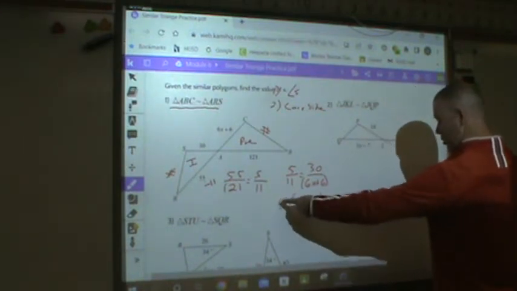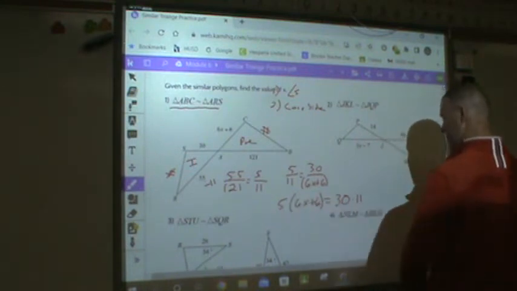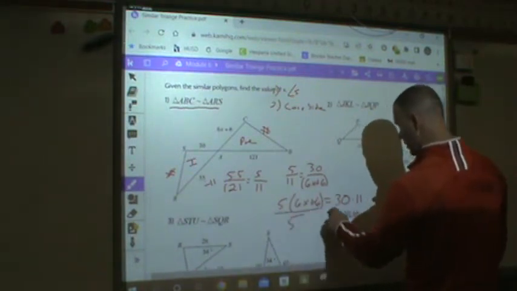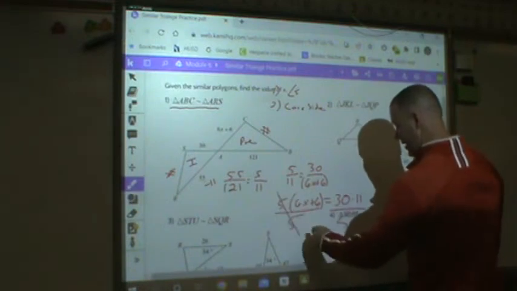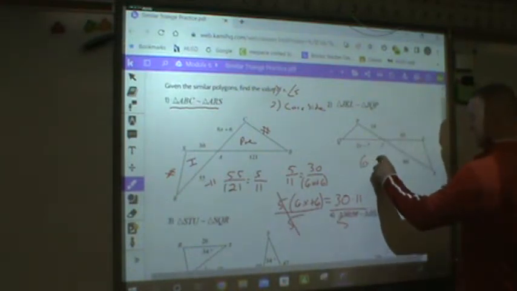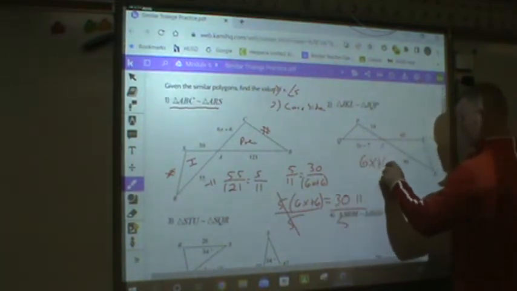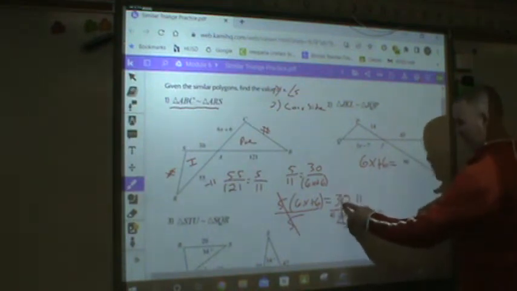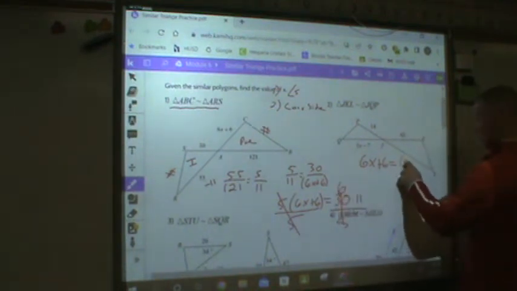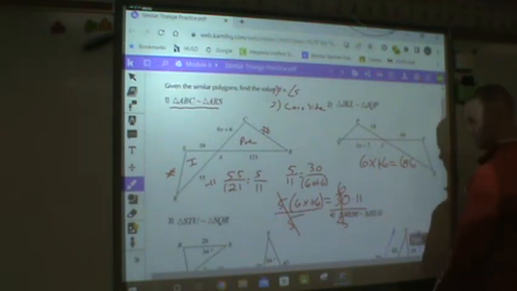Now, we could multiply 5 times 6x and 5 times 6 and distribute, but let's go ahead and divide by 5 at the beginning. So I get 6x plus 6 equals, 5 goes into 30 six times, 66.